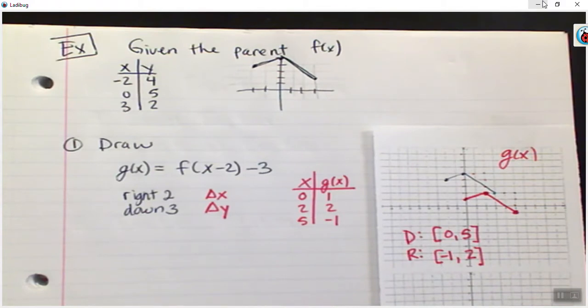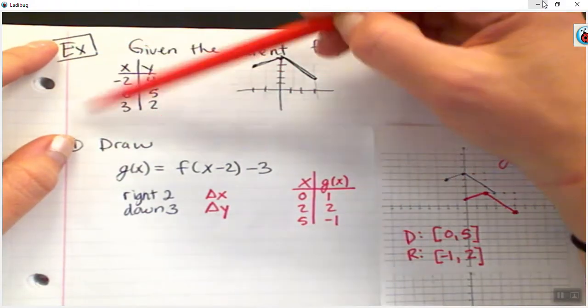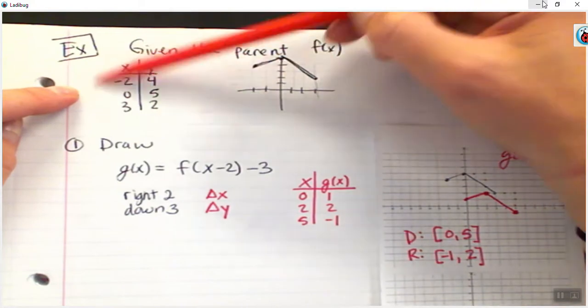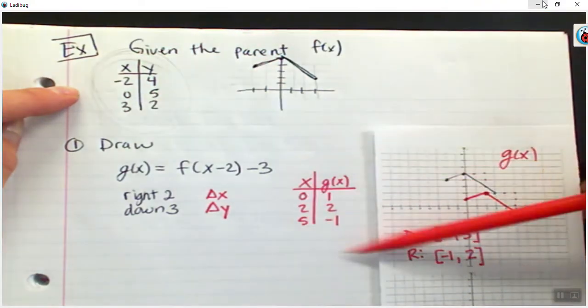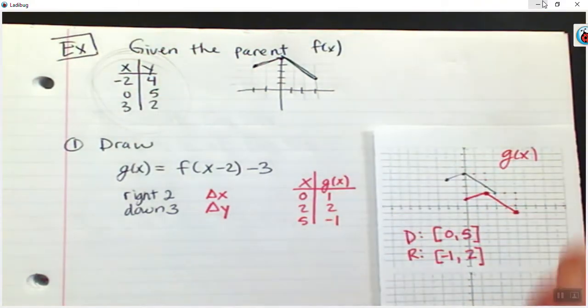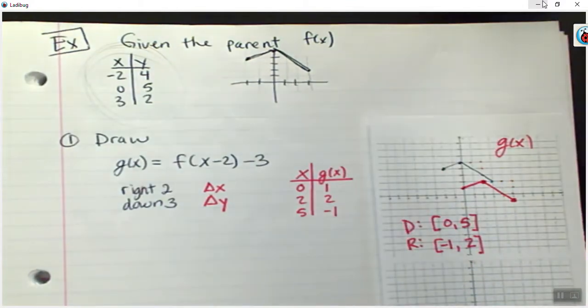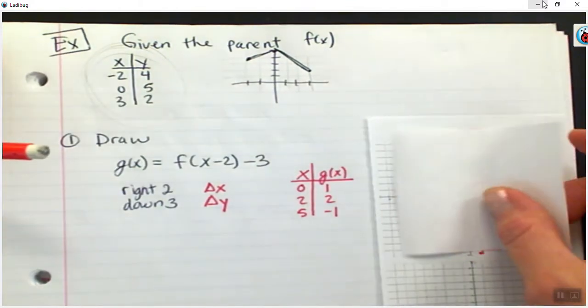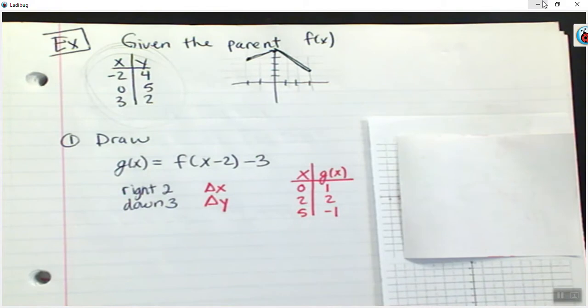I will never just tell you how to do it. You're going to have to put some things with it. You tell me, how do I get from this table to this table? Don't look at the graph. How do I get from this table for f of x to that table for g of x? Think about it. Share with the person next to you, or behind you, or in front of you.